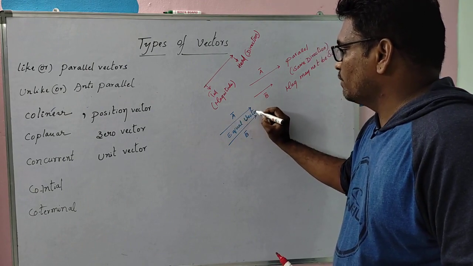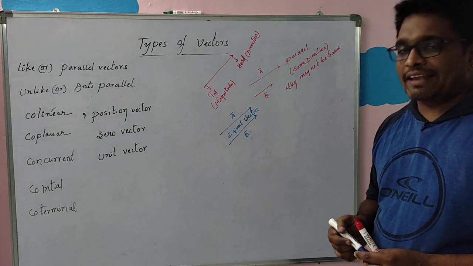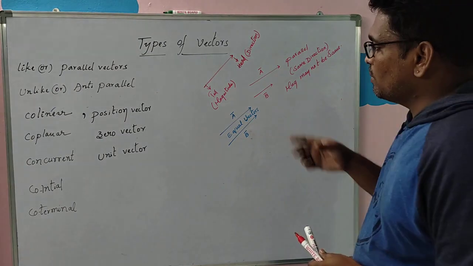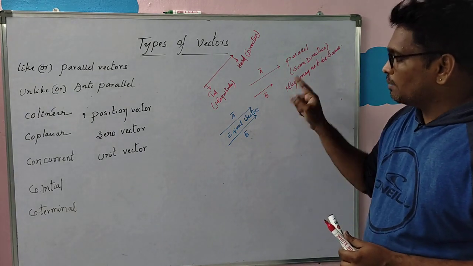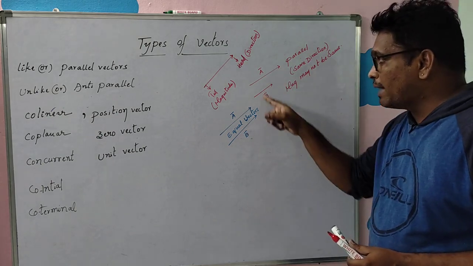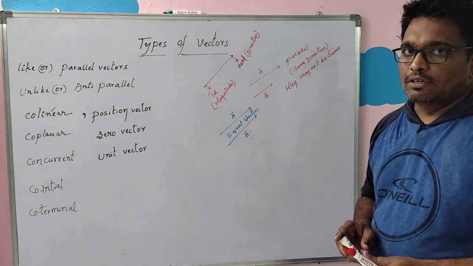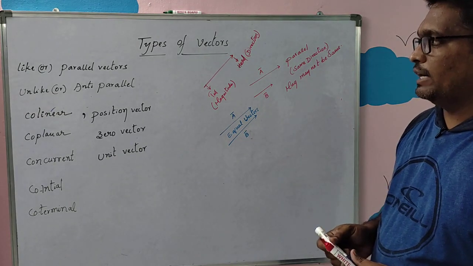They are parallel, their direction is the same, and their magnitude is also the same. But here these two vectors are parallel to each other, with the same direction like equal vectors, but the magnitude is different. Such vectors are called parallel vectors or like vectors.